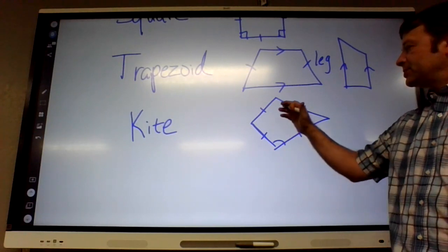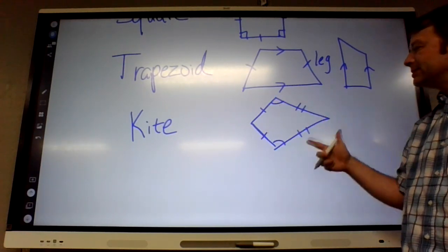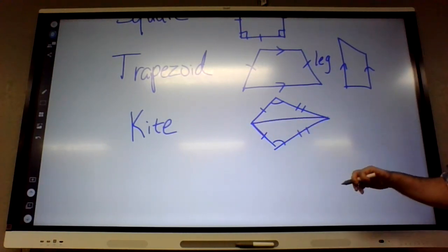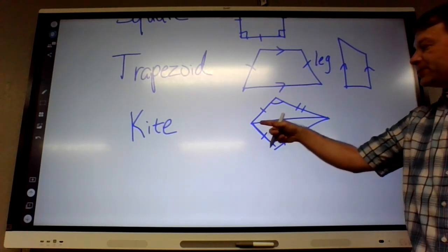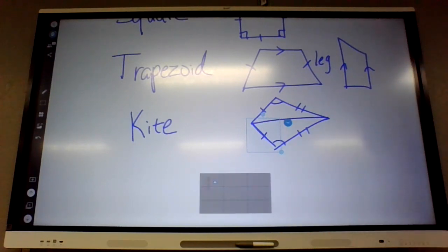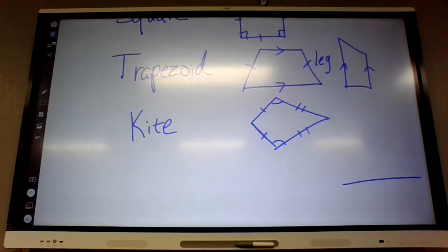These angles, I think we need to know this, are going to be congruent. These two are not. It's because if you draw a triangle here, the triangles are congruent. So these two are the same, and these two are the same, but these are not the same as these. Anyways, so many things. Did I miss anything?